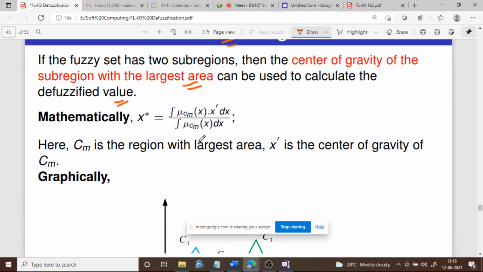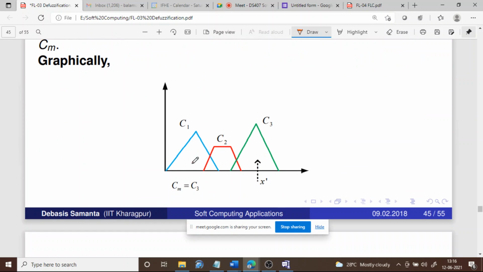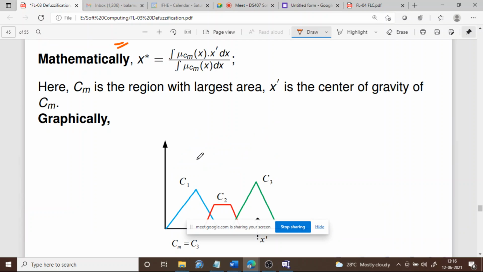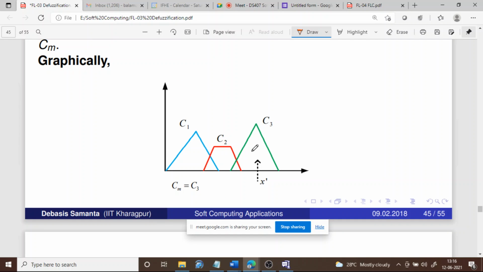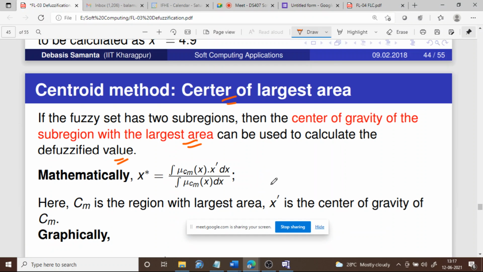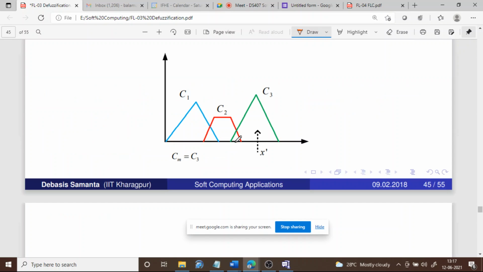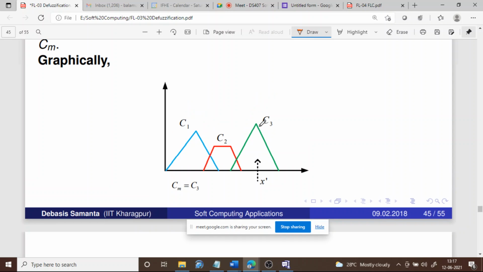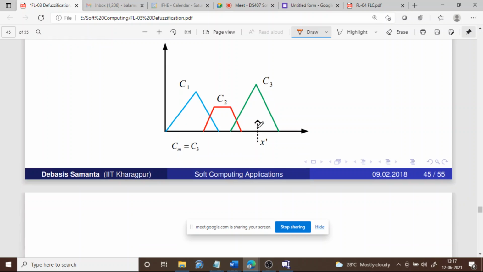So if you have more than one fuzzy set, and one of them is the largest of all the two or three, then the center of gravity of that set of largest area can be used to calculate the defuzzified value, right?